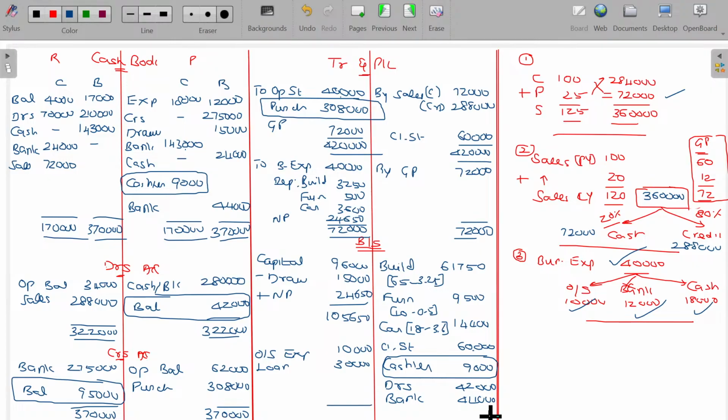Total of the balance sheet 2,40,650. Creditors balance being 95,000. Now it's agreeing, right?